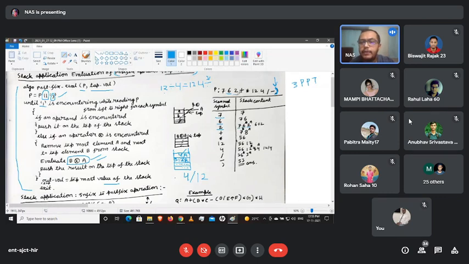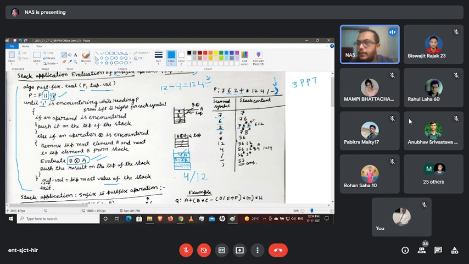See, next we are encountering plus. Plus is an operator. So whenever we encounter an operator, what will happen? The top two operands will be popped out. First 2 will be popped out, and then 6 will be popped out, and the operation will be performed. So 2 pops out first, which is why 2 stays at the extreme right.